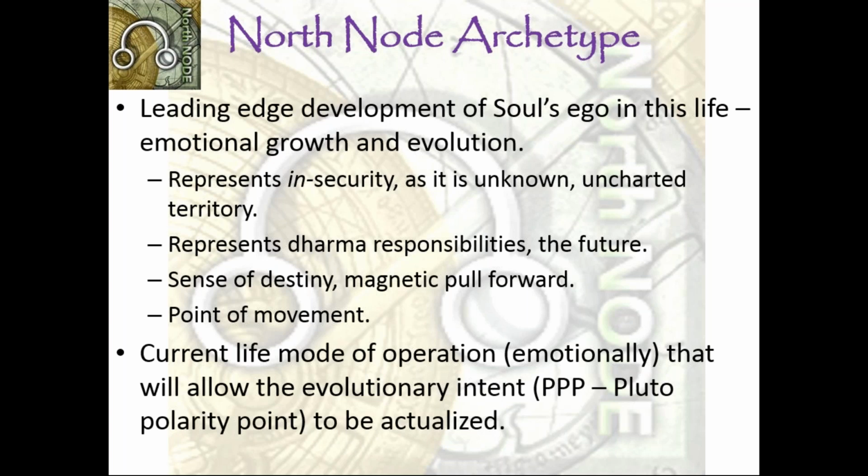It is a point of movement, evolving, growing. EA calls it the current life mode of operation on emotional levels that will allow the evolutionary intent of the soul, the Pluto polarity point as we call it, to be actualized.